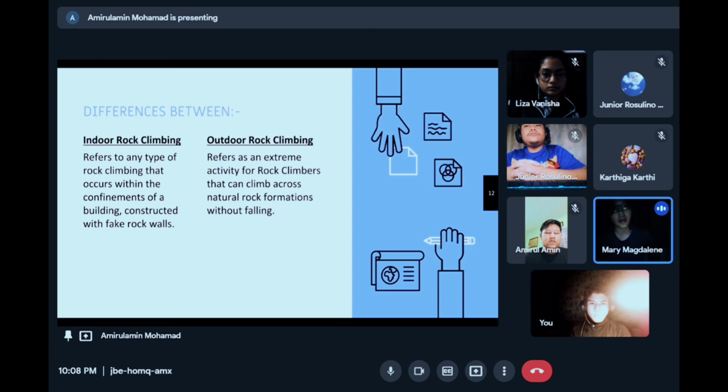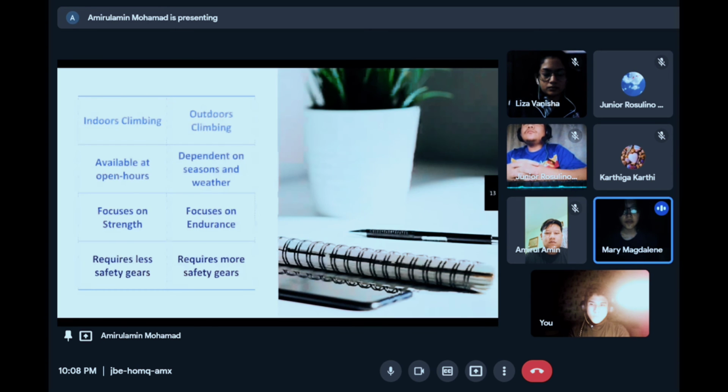On the other hand, outdoor rock climbing refers to an extreme activity for rock climbers that can climb across natural rock formations without falling.